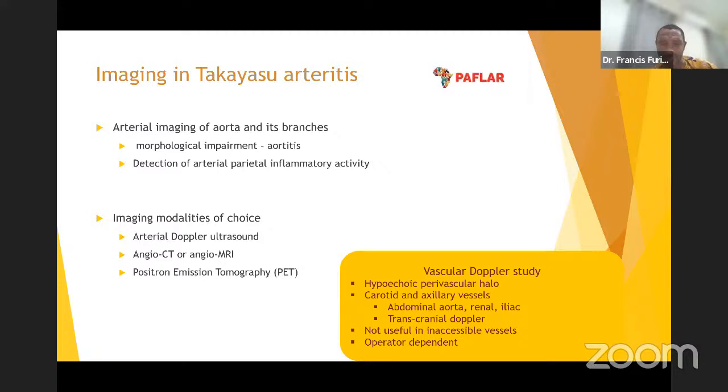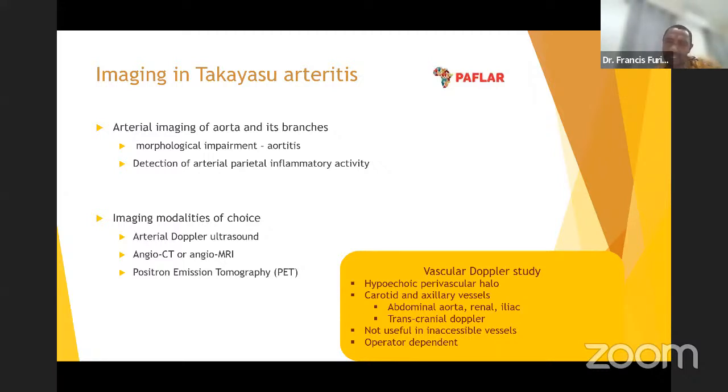The ultrasound is very handy, cheaper, and friendly, and you can determine the hypoechoic perivascular halo. The only challenge is that it has limited access because you can only do the test on those vessels that are accessible to ultrasound, which include the carotid and axillary, abdominal aorta, of course, and the renal vessels.